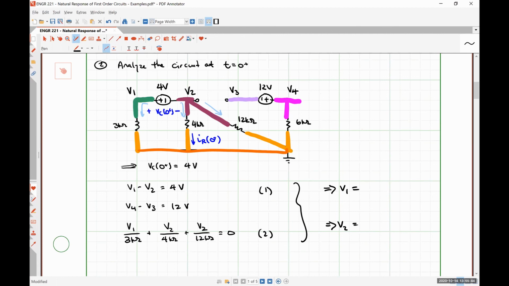I get V1 is 2 volts with respect to ground, and V2 is -2 volts with respect to ground.